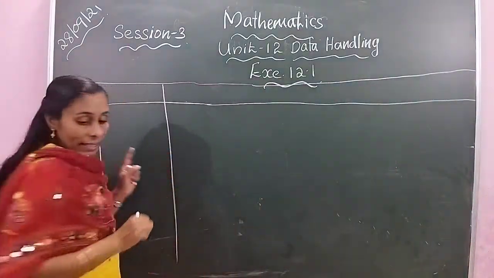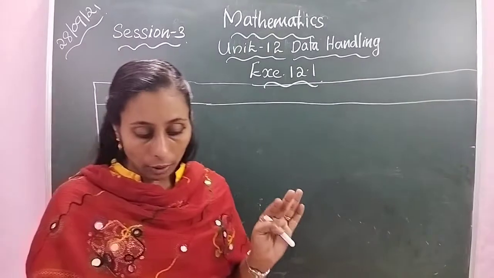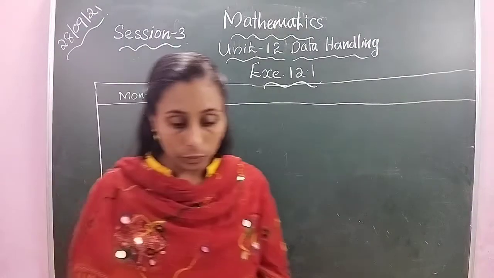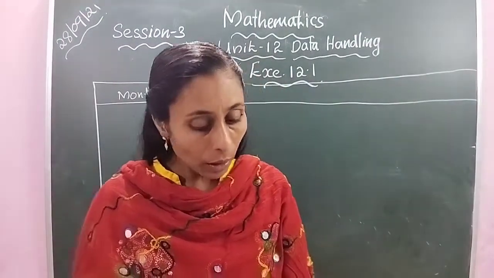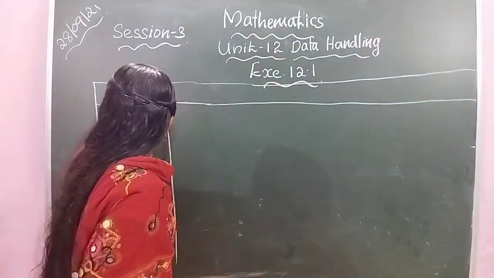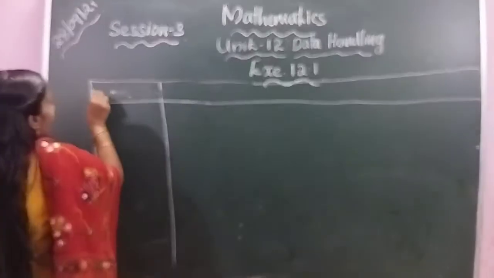Here, what is the title of the measure? Here we can write months, and here the number of machines sold.